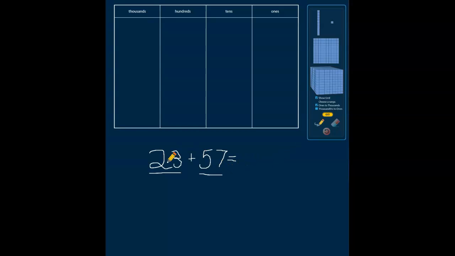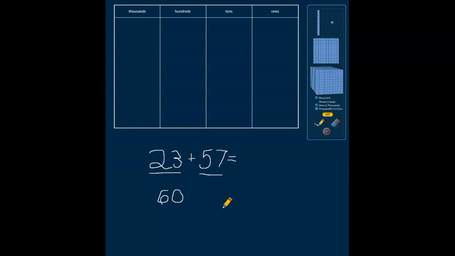Let's go ahead and look at our numbers though. We have 23 and we have 57. Which is the greater number? 57. I use the larger number because it's going to be a little bit more friendly for me. Now, what if I turn this 57 to the nearest 10? That would make it what? 60, right?